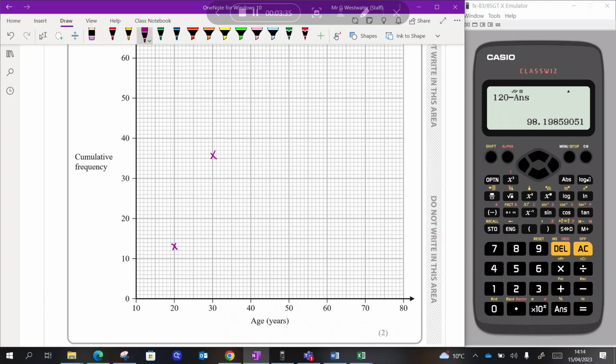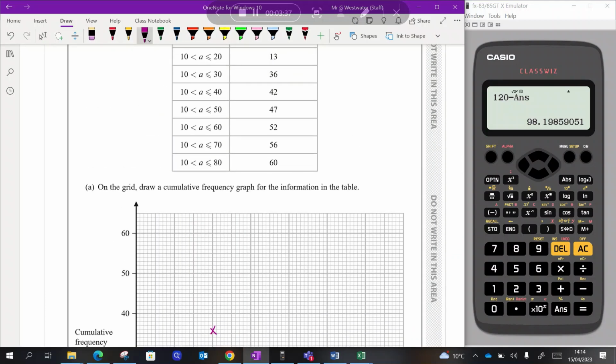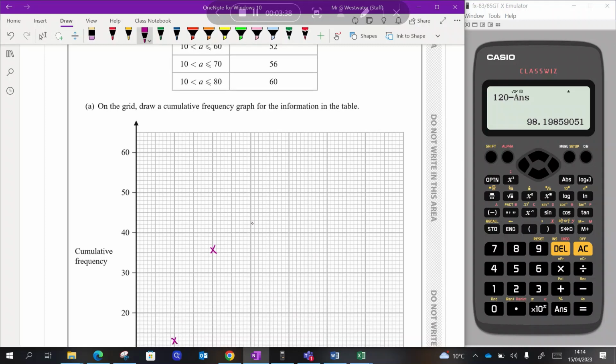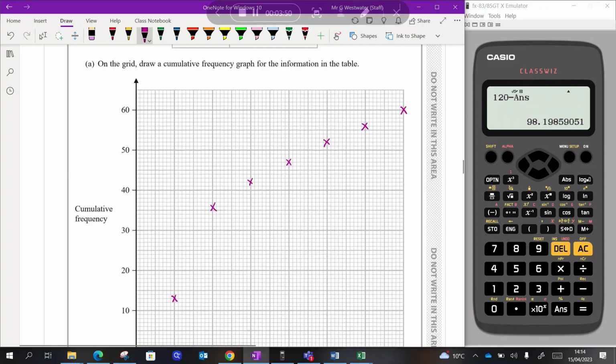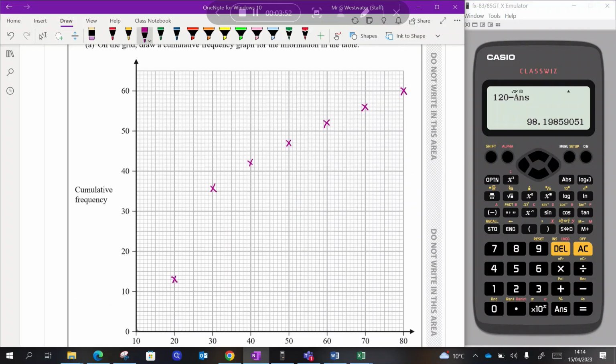Then 42, 47, and then 52, 56, and 60. Now all cumulative frequency graphs should be this sort of curve, making sure you pass through all the points. Don't leave it in doubt.